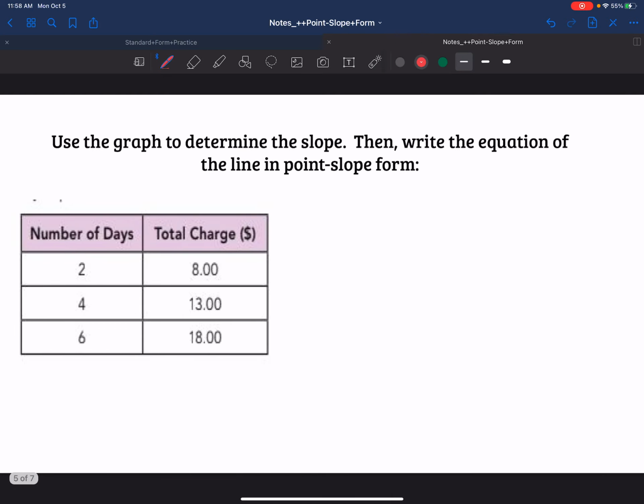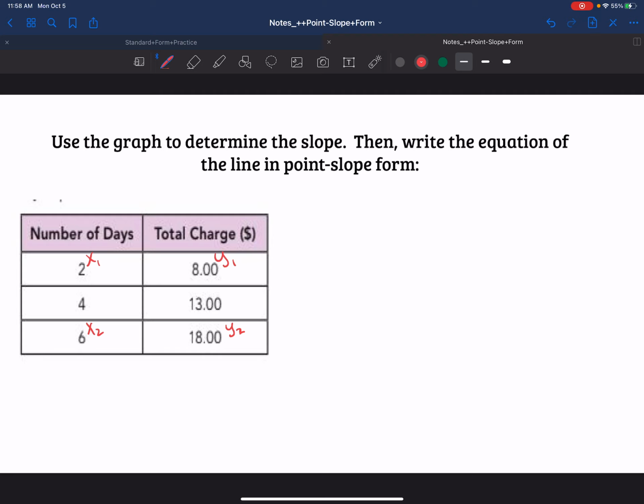So let's try it. Here in this table, I'm just going to pick the point 2, 8 as my x1, y1, and my class earlier told me they didn't want to use the number 13, so we're going to pick the 6, 18.